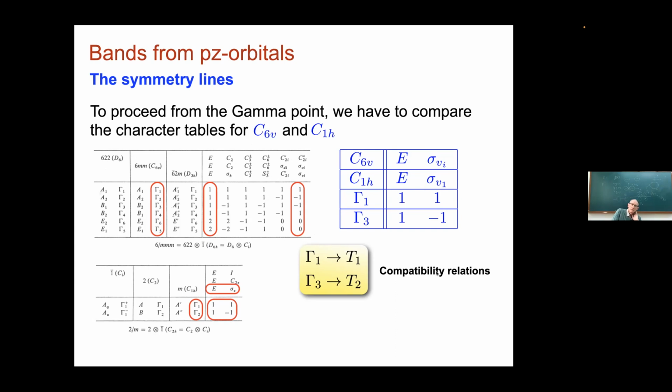Is this clear? If you have done the exercises where you have to subduce, and you look at the slides, probably you understand this. If not, you can always go back to what we did in that previous lecture, and you'll see that this is really very simple. And you can do this for all the lines and for all the subductions.